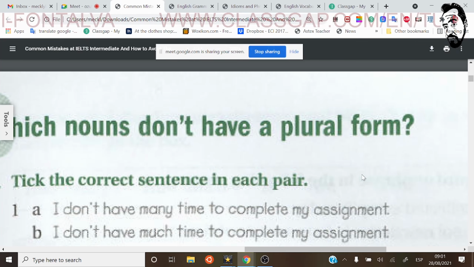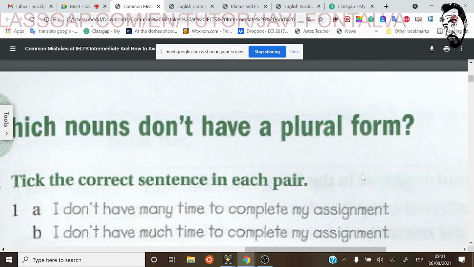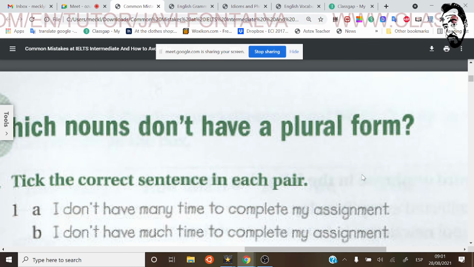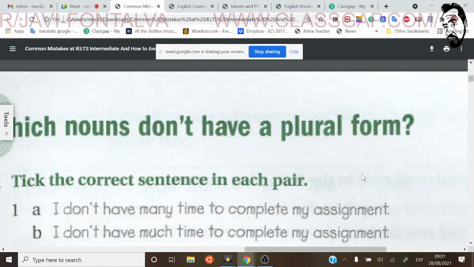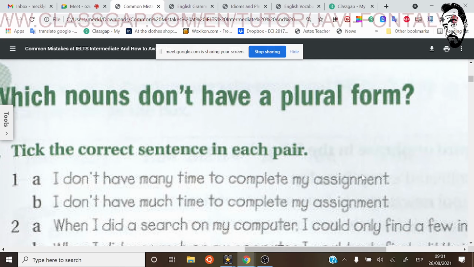Assignment. Oh, assignment is like homework. So which one do you think is correct? Homework. Yes, homework. The first one, A. Okay, we're gonna see later the answer.